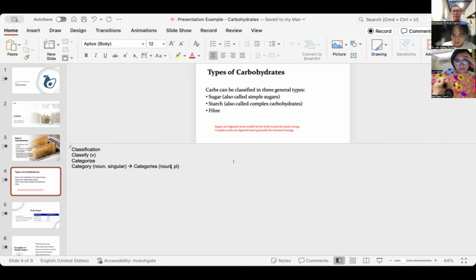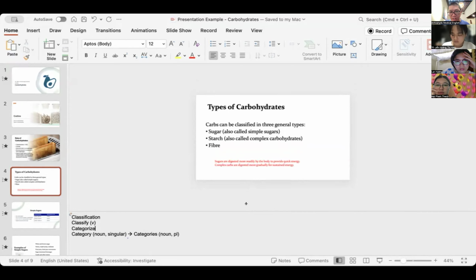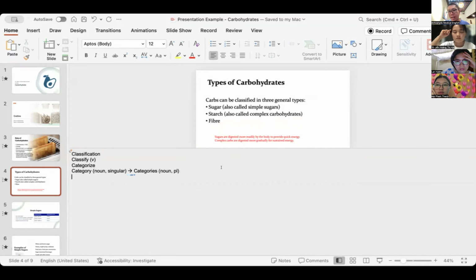So you can talk about, now I will talk about the classification of carbohydrates. Or if you want to introduce by making a question, you can say: how are carbohydrates classified like this?